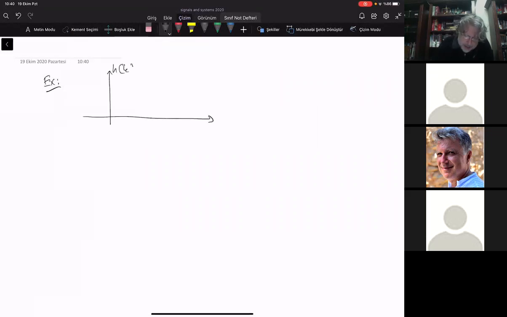h of k, the impulse response, which you are supposed to flip and then start sliding. But the previous examples were finite length signals, starting at some point and ending at some point.